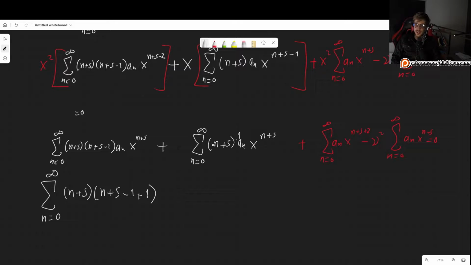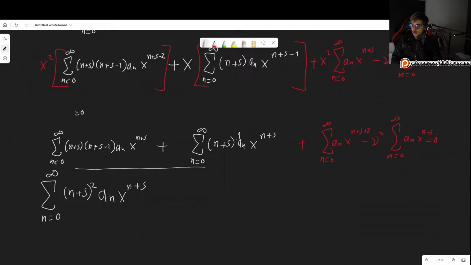Right, simply factoring out. If this doesn't make much sense, you can just multiply through and do it manually, right? You multiply this, you add this, and then you will see that this is also possible. These two, of course, cancel out, and we get (n plus s) squared. And this, of course, multiplied by an x to the n plus s.